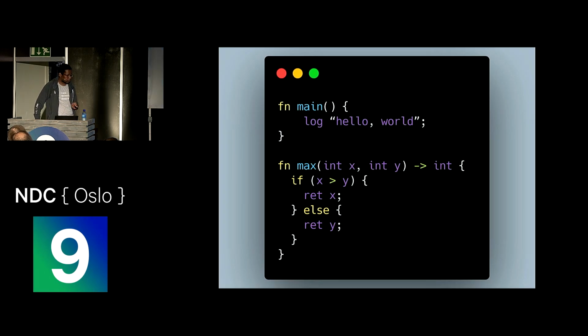So this is a snippet of some of the code from back then. If you're familiar with Rust, you can see that a bit of it has changed, but you can see some of the things that have been carried on, such as the fn keyword, and also how we do the if-else.